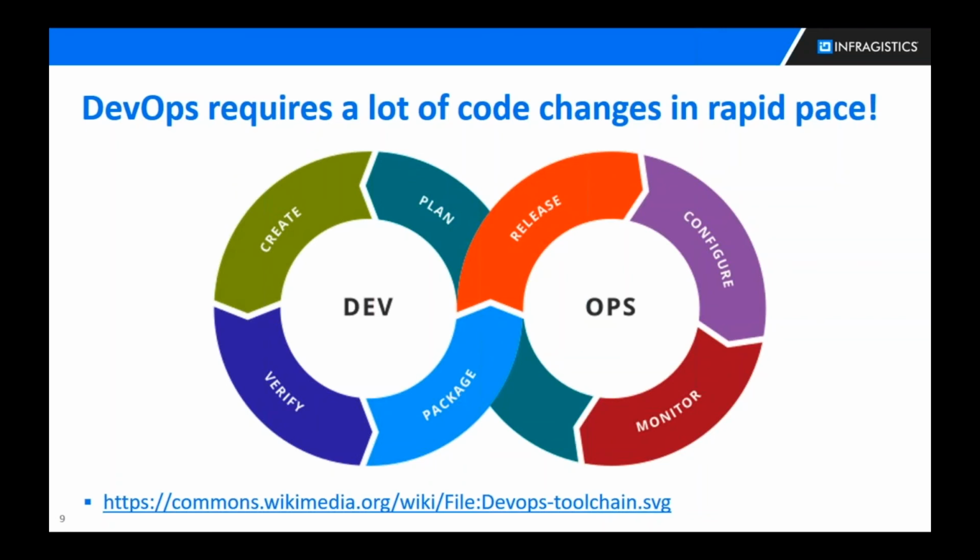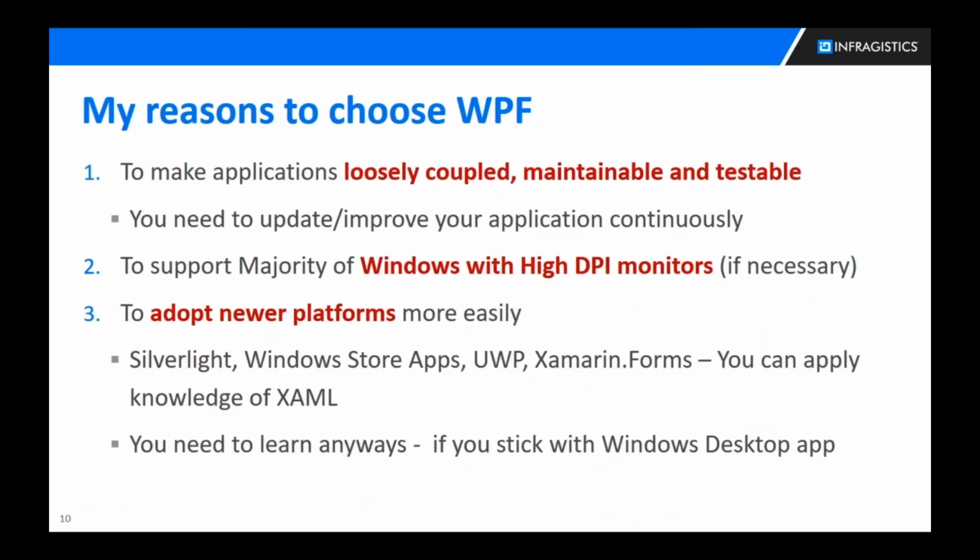With the recent development model changes, you have to keep up with the business requirements in order to keep your business competitive. That's actually the main reason for me to choose WPF right now, because WPF allows you to make your applications loosely coupled, maintainable, and testable. That means you can change your code more rapidly, or with confidence, without breaking anything else.